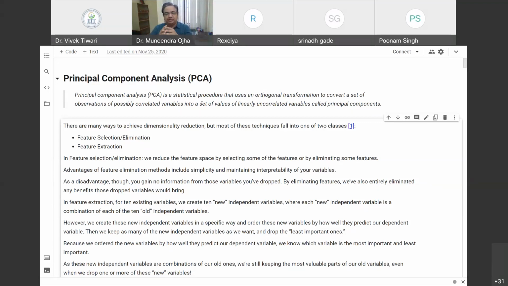Redundancy means, suppose you have a person's height and weight, and with these two things we can explain a person. But take another example: let's say I say how many kilometers a person walked in a day, and I add another feature explaining how many calories were burned that day.